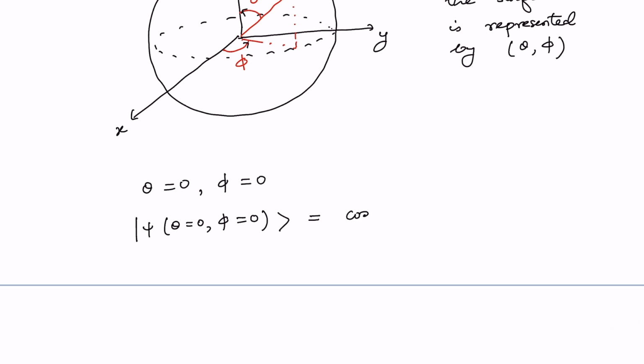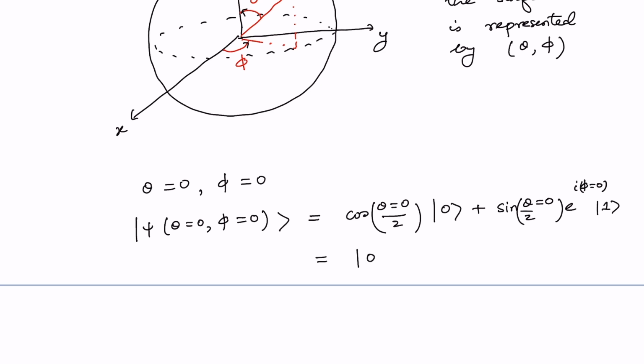Let me just once again write it: cos of theta by 2, with theta equal to 0 you are putting, k0 plus sin theta by 2, theta equal to 0 you are putting, and e to the power i phi, phi you are putting to be 0, and you have here k1. And you know cos 0 is equal to 1, so you have simply k0, and sine 0 is 0, right?